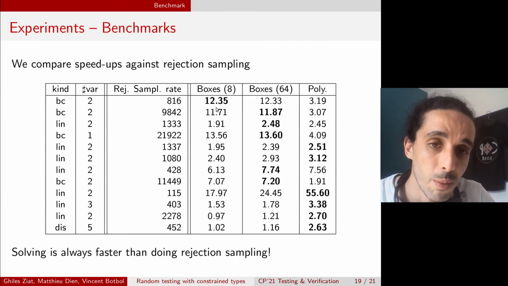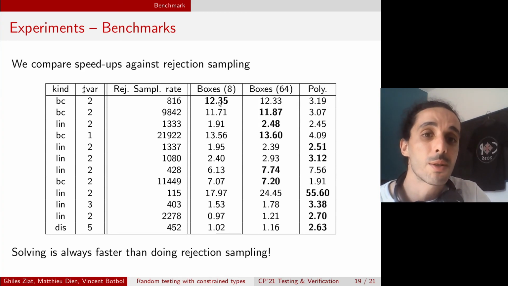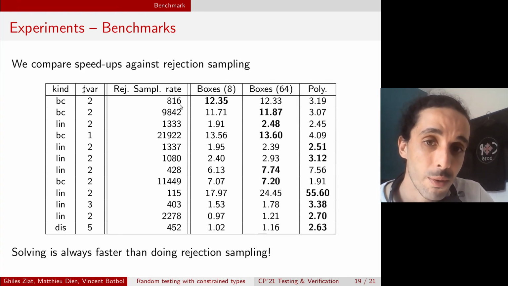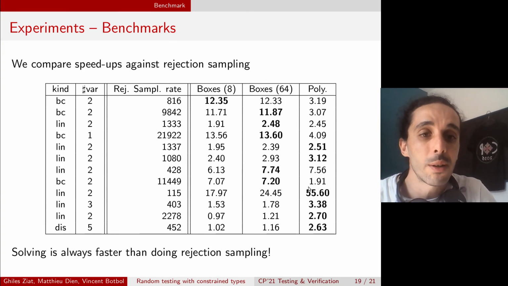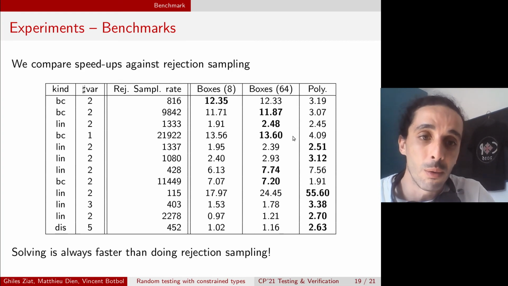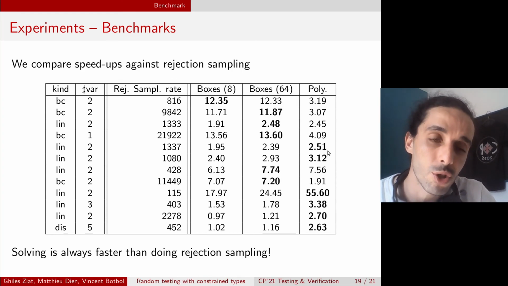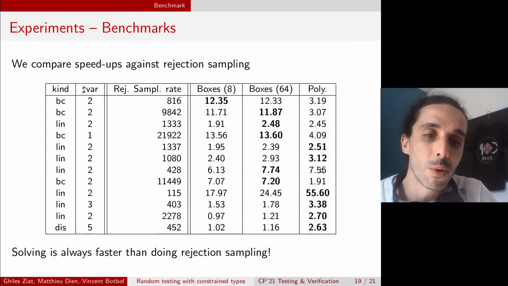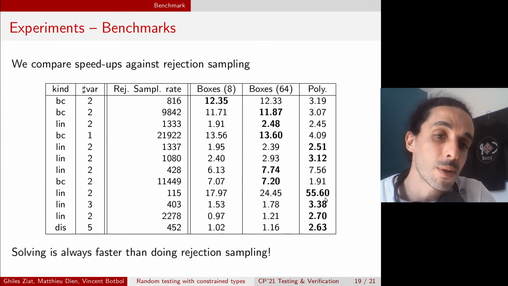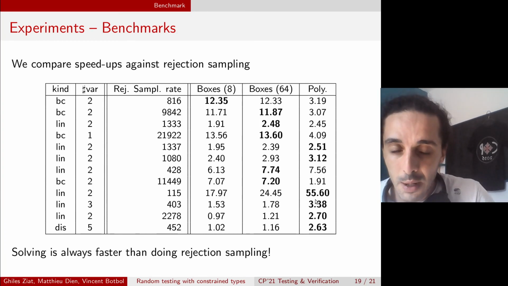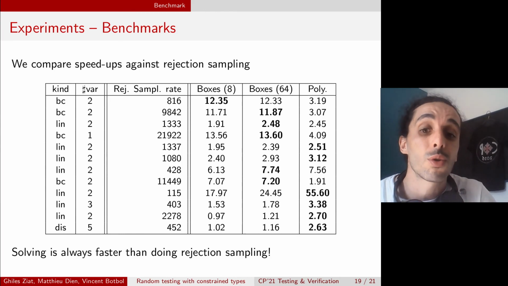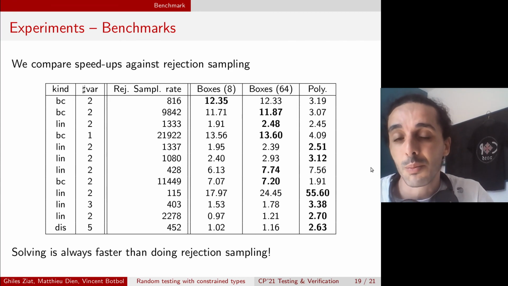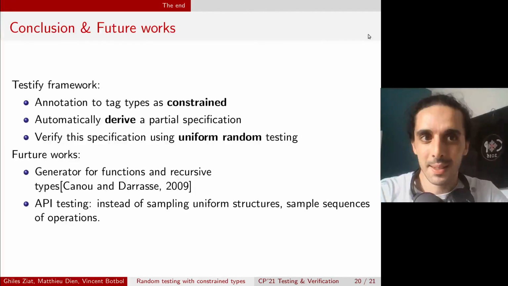In this example with boxes, we have a sampler that is 12 times faster than the one with rejection sampling. And when we have linear constraints, generally the generators we obtain with polyhedra will be faster, and sometimes much faster. This shows that using constraint solving to produce uniform generators can be really helpful.